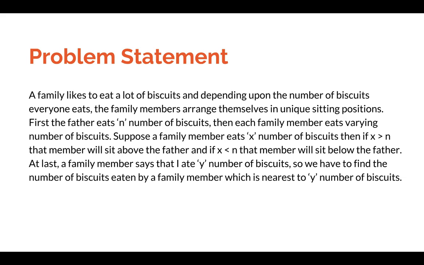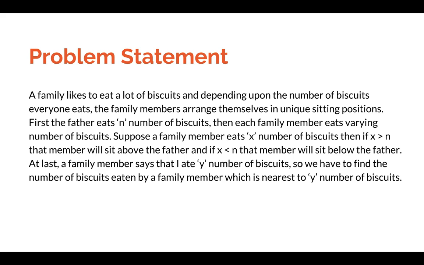Suppose a family member eats x number of biscuits. If x is greater than n, that person eats more biscuits than the father, and that member will sit above the father. And if x is less than n, then that member will sit below the father because he has eaten fewer biscuits than the father.